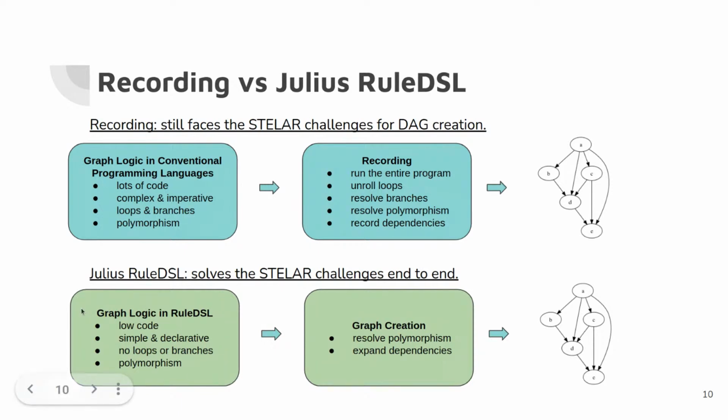So it's a much simpler set of features in the root DSL, and it makes it much easier to create a graph, because this root DSL can be directly mapped and expanded to a graph without much additional process. Compared to the recording, where you have to do a lot of work to unravel your traditional programming language into graphs.